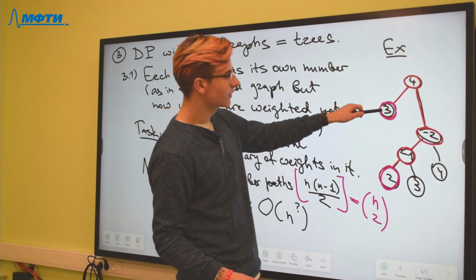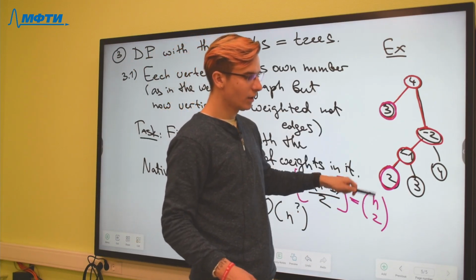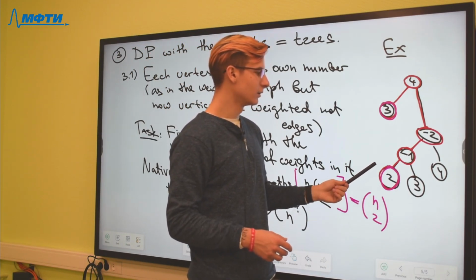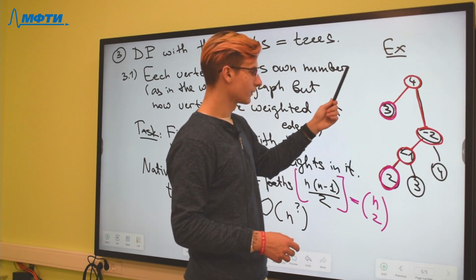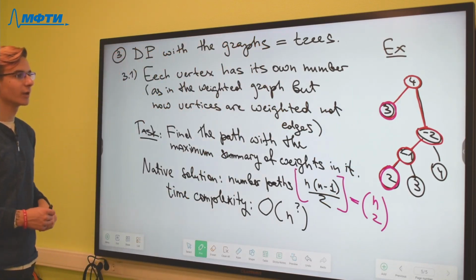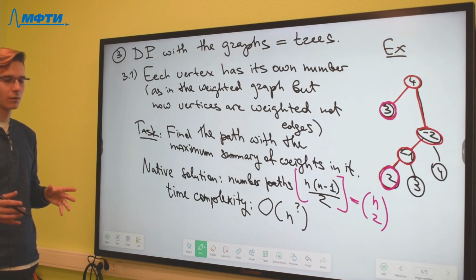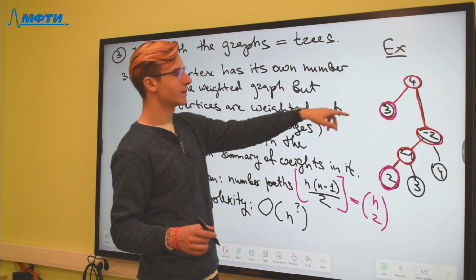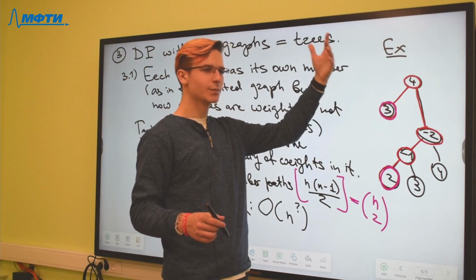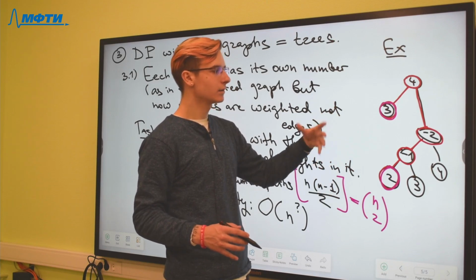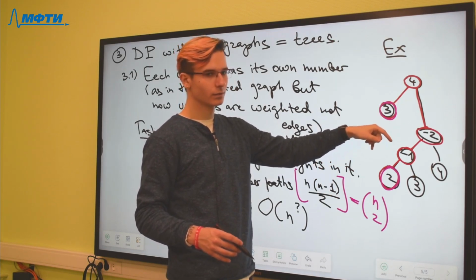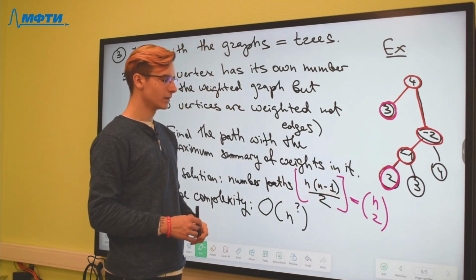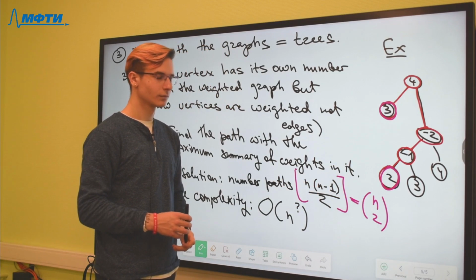But you can see that a lot of paths can be equal to n by their length. When we find the sum of the weights of the vertices in the path, we spend nearly n time for it. And we repeat it this many times, so n cubed.